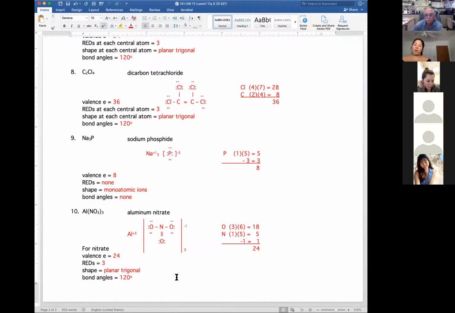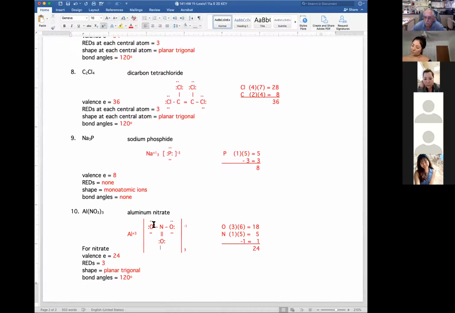Okay. Because of resonance, all 3 of these bonds are actually the same, because I could have put the double bond here, here, or here.